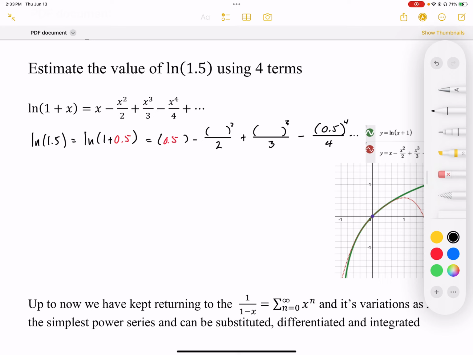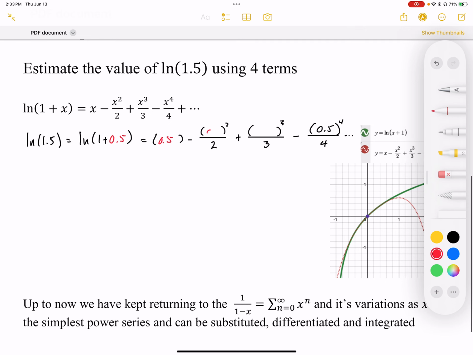We could keep going, but we're just going to use the first four terms to do our calculation. And hopefully that is going to be pretty close.